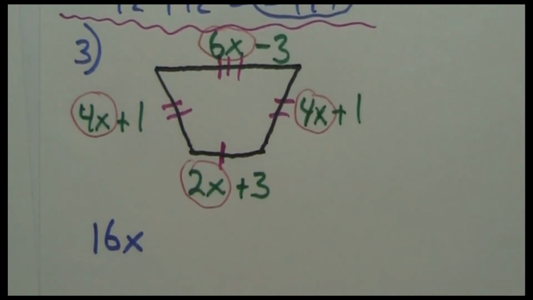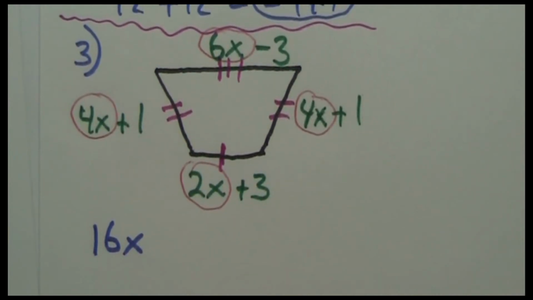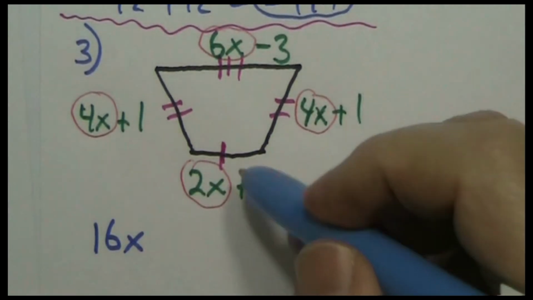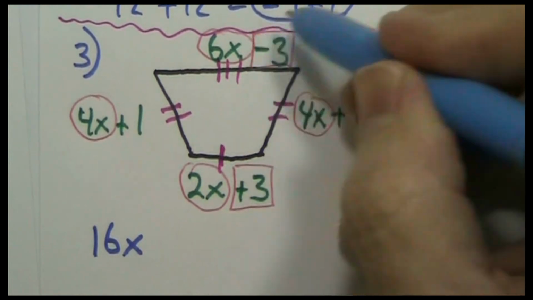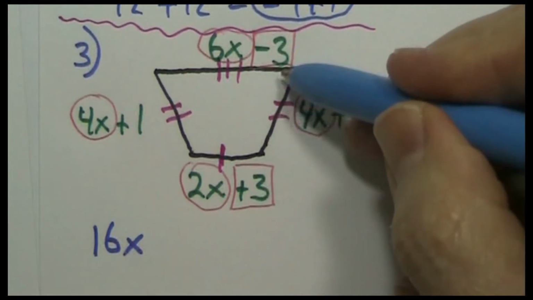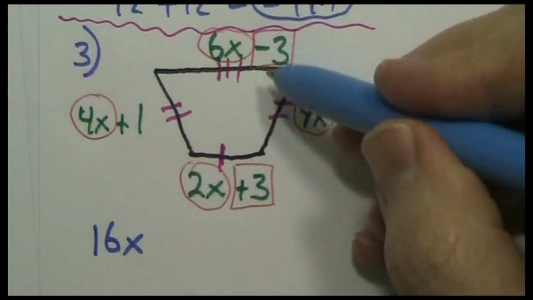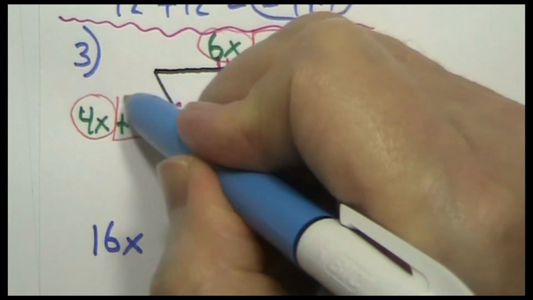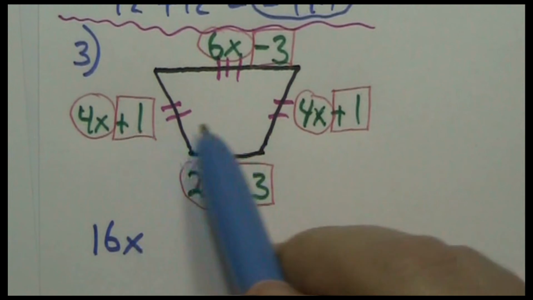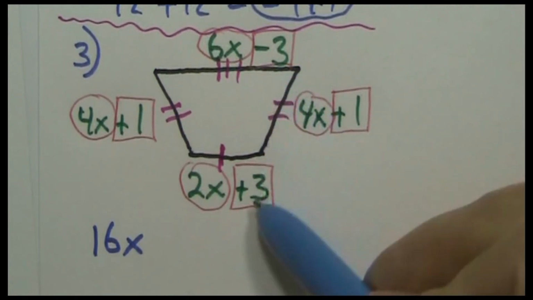All right, how about the constants? You have a plus 3 and a minus 3. That would make 0. Plus 3 minus 3 is 0. And you have a 1 and another 1. So it looks like we just have 2, because those two would cancel each other.